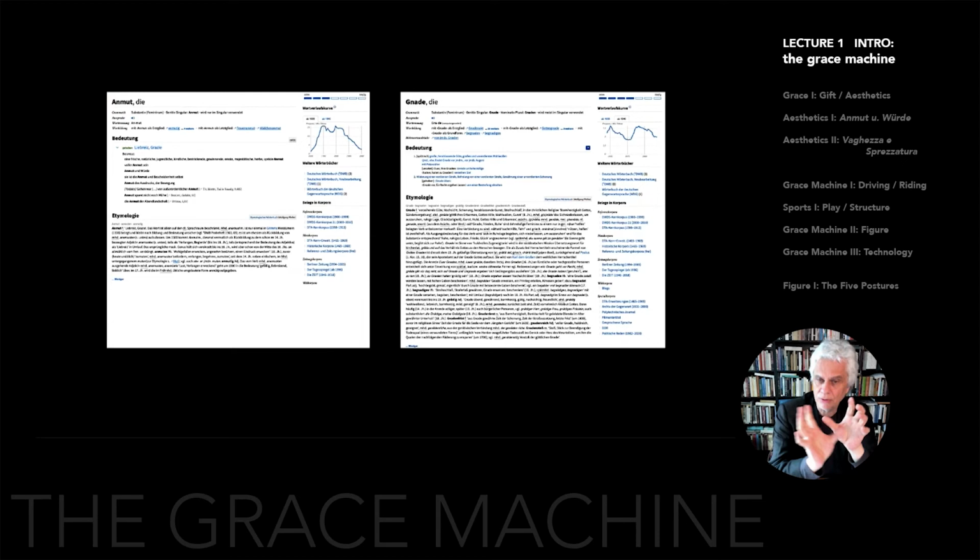And then the other translation of the word grace in German would be Gnade, and that would be the religious term. So Anmut is really this inside out, while Gnade is something that comes from the outside in. What's interesting about English is that both words are the same, and that means there must be some kind of relationship between this inside out and this outside in, that they must be looped.